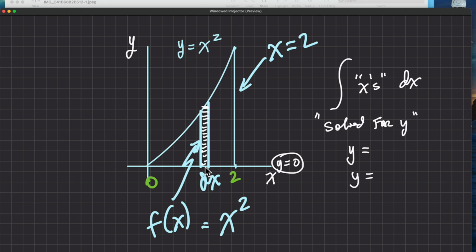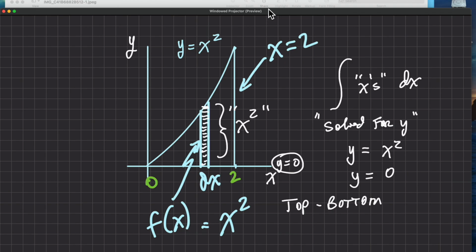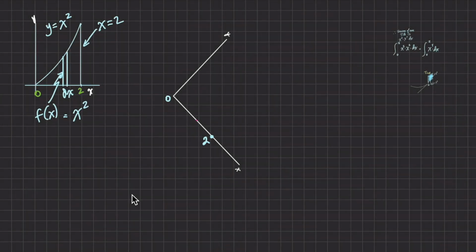So if we do top minus bottom to get this distance, we're going to be dealing with y equals x squared and y equals 0, and when you subtract them, you're going to get this distance as equaling x squared. And you're going to see how that becomes vital information in the next few moments.